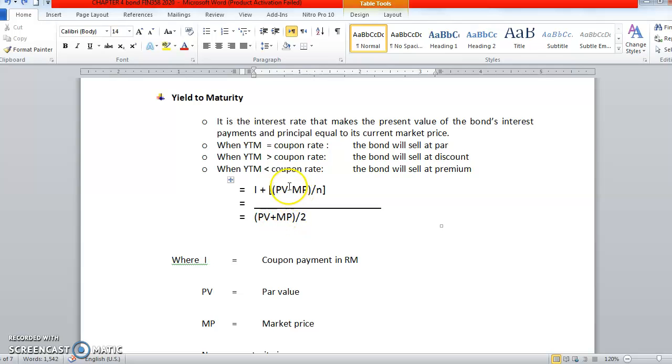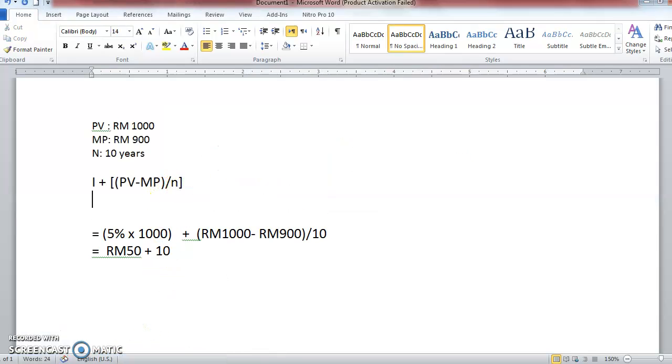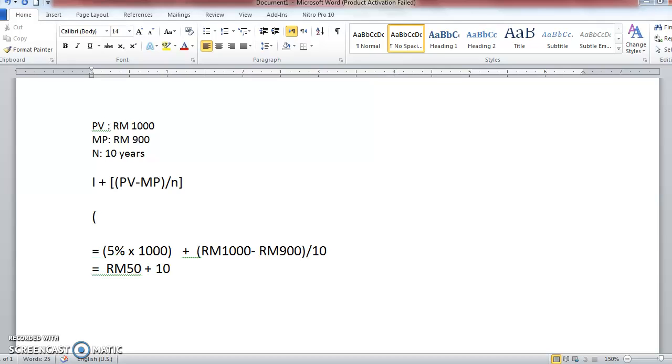Kat atas ni ingat tolak, dekat bawah ni adalah tambah. So again, you kena bahagi dengan the whole thing: par value plus market price divide by 2. I underline this one to show that it's dividing.